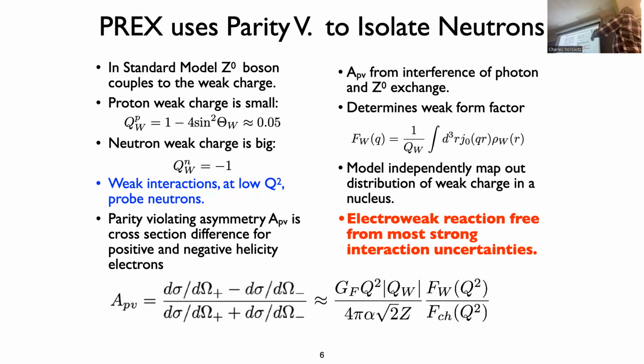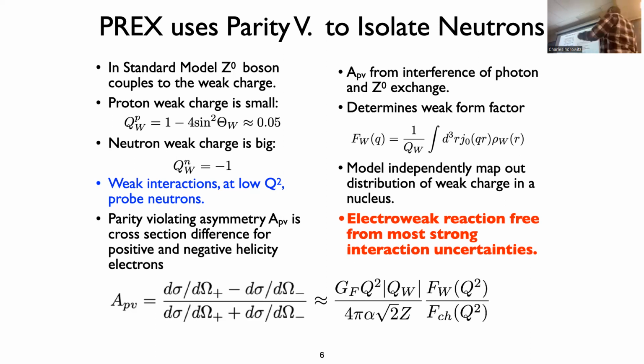The weak charge of a neutron is big. So if you can isolate the weak interactions, we can see where the neutrons are. So we have this very clean but very difficult to use probe of the neutrons, and parity violation is the way to isolate the weak interactions.